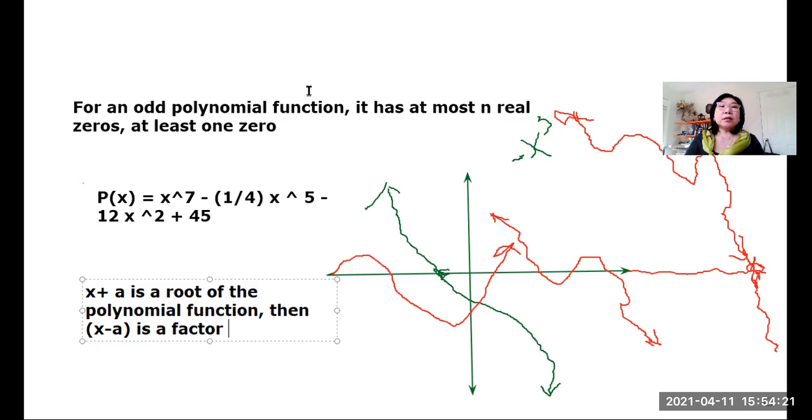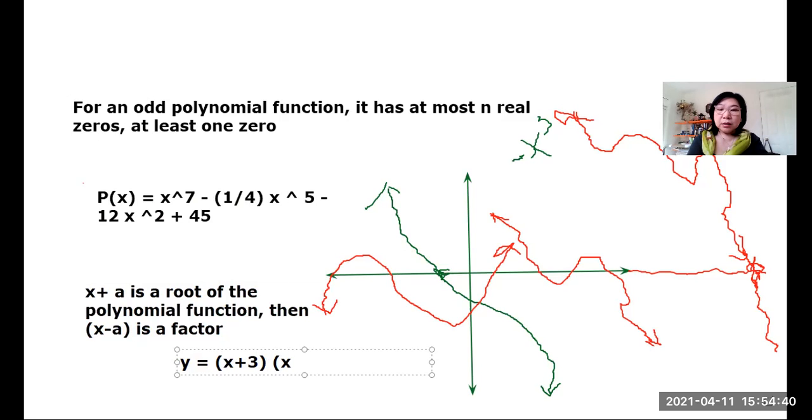right? So let's say you have, let's say a quadratic function, okay? So let me key it. Let's say you have a function y equals x plus 3 times x minus 2 times x plus 1. So this is obviously a polynomial function.